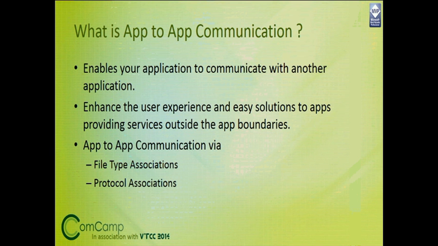And whenever another user tries to open a file with the extension .senthil, your app will be launched automatically. Right? The protocol association allows the app to send messages to other apps that have subscribed to a particular URI protocol. These features will generally allow us to share data between apps and also integrate the inter-app communication from your application.